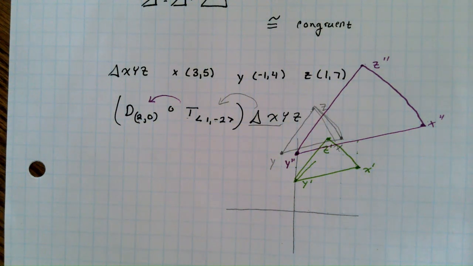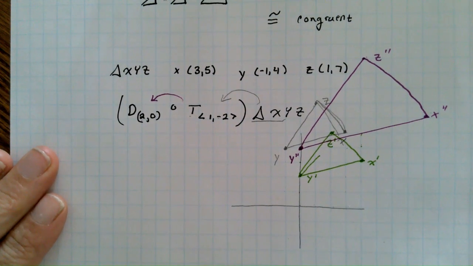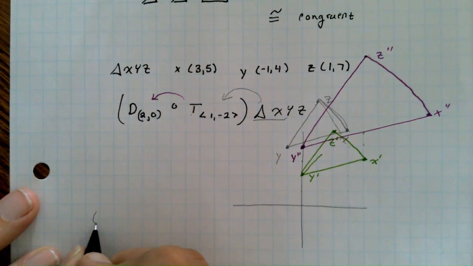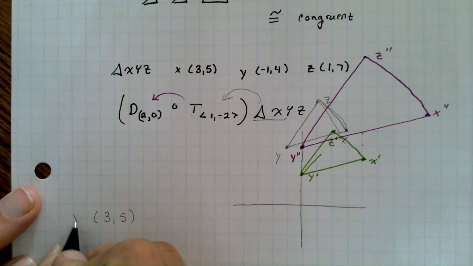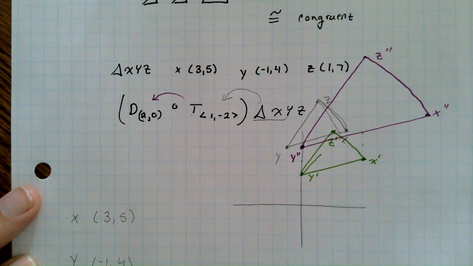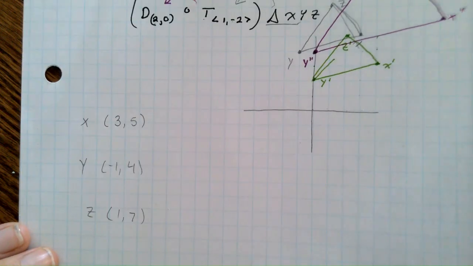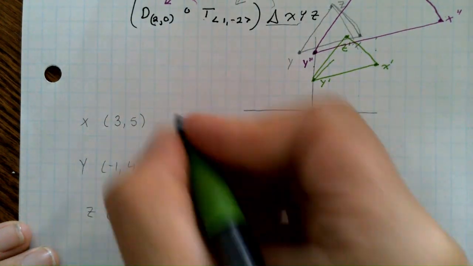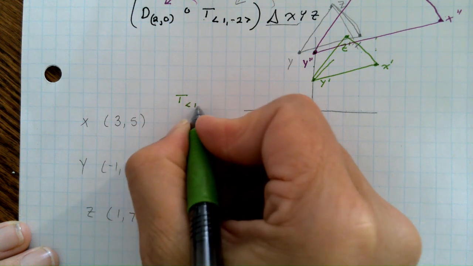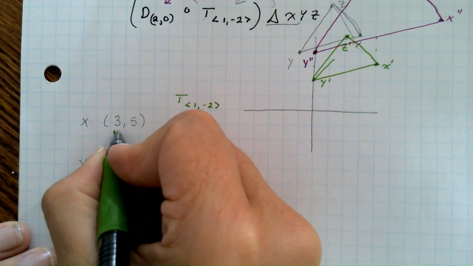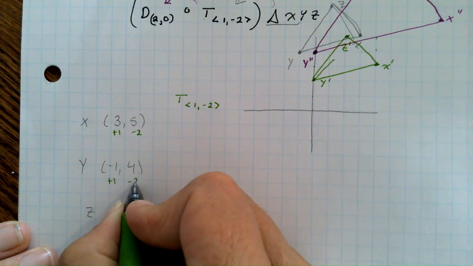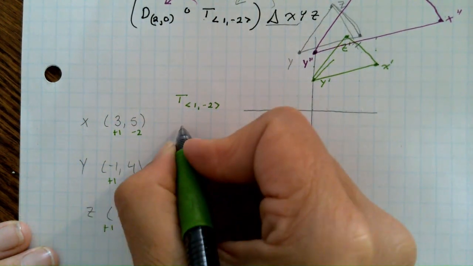If we didn't want to do that, do we know how to do this mathematically? Okay, so we're going to write down our X, Y, and Z points. (3, 5) was X. Y was (-1, 4). And Z was (1, 7). First thing we needed to do was translate it (1, -2), which means plus 1, minus 2 for each point.